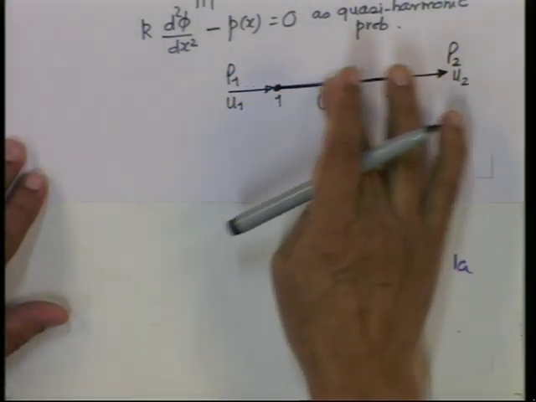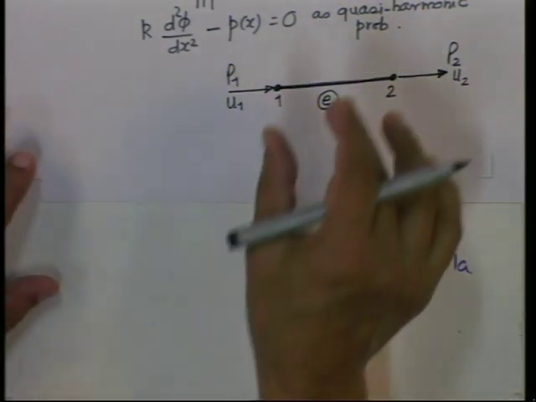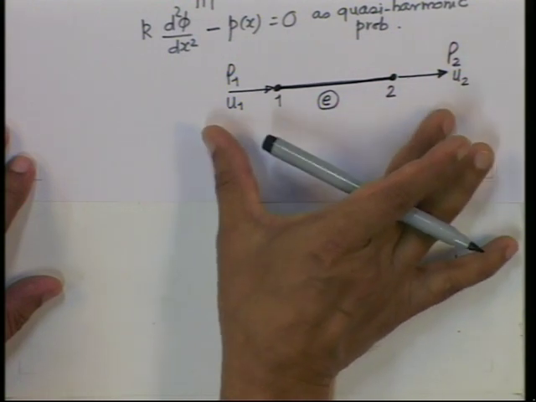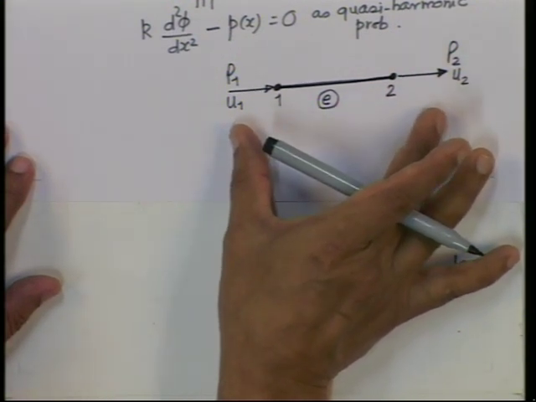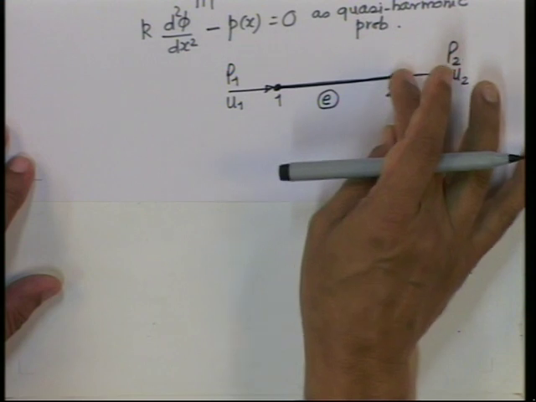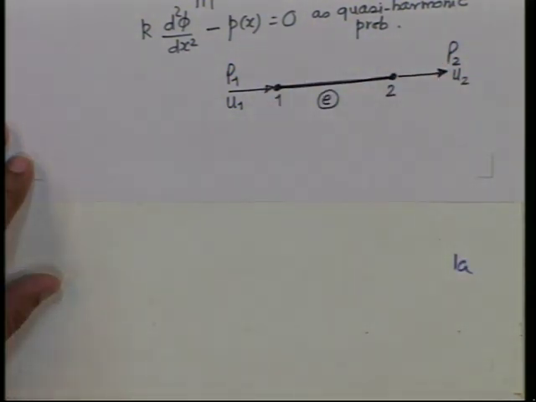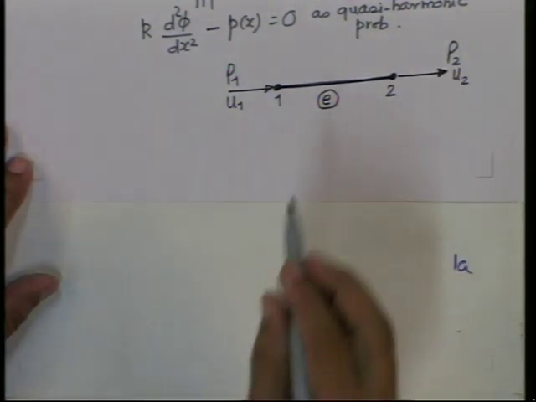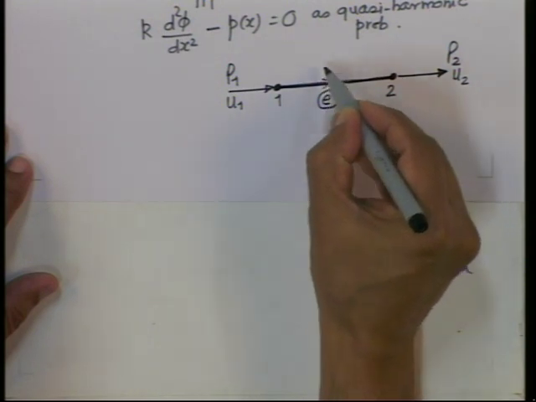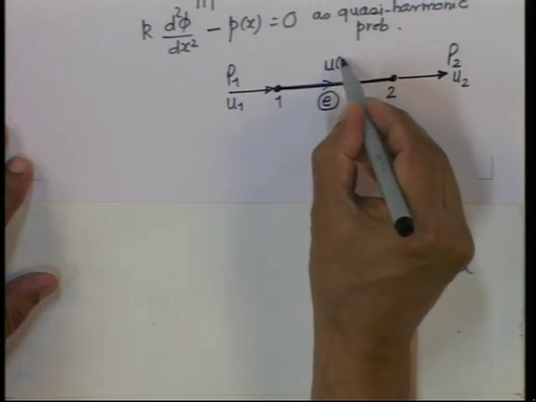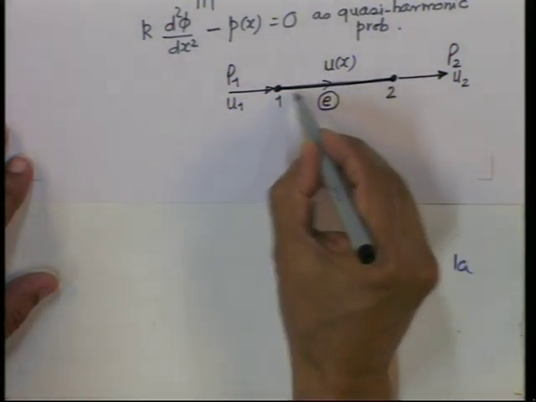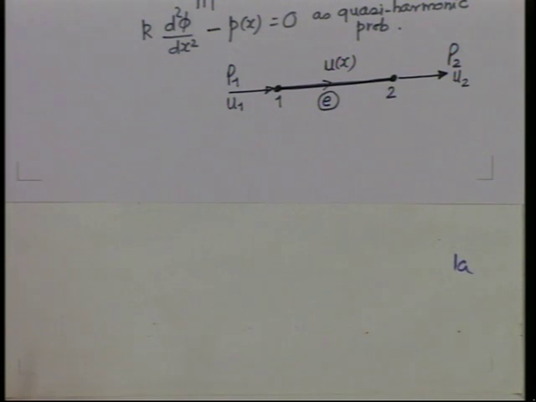There is nothing distributed here. So, this distributed problem has to be transformed into a discrete problem. Discrete problem, there is no distribution, everything is concentrated only at the nodes. Now, there is a force at node 1, force at node 2, displacement, displacement. Of course, u is a function of x, there is a displacement within.